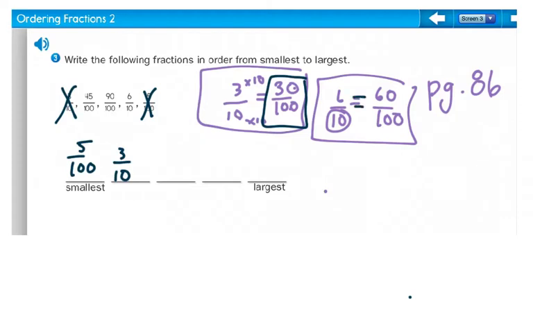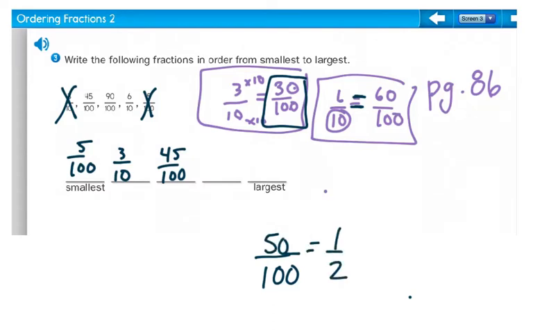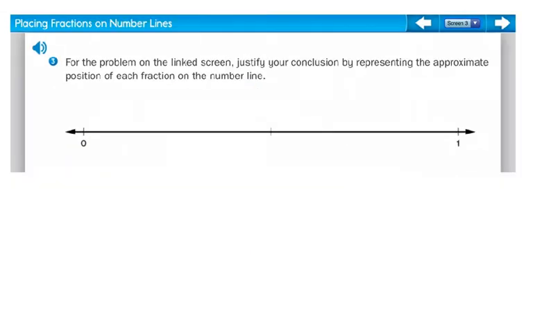Remember, 6 tenths is the same thing as saying 60 pennies, 60 hundredths. Next would come 45 hundredths. What's half of 100? Think of that for a minute. 50. So just remember that would equal half. And so 45 hundredths is a little less than half. Next would be 6/10 or 60 hundredths. And lastly would be 90 hundredths, which is getting closer to 1 whole. Now let's go ahead and place those on our number line.